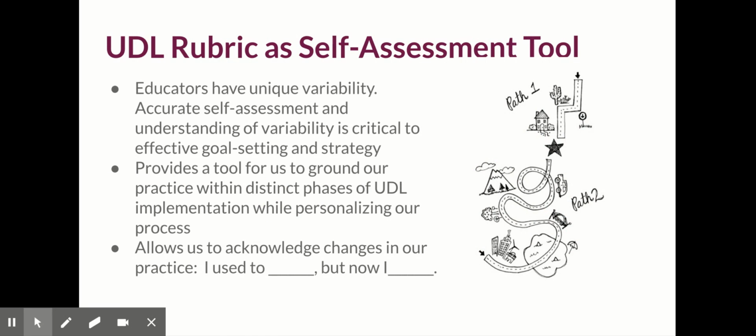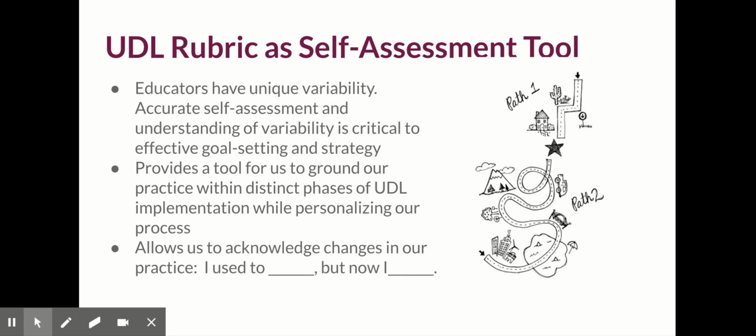When we think of this as a self-assessment tool, this is probably a great place to start. Often I will have groups that I'm working with take their individual pulse to see where they fall in terms of the rubric and in each individual network, because you certainly could be in a different place depending on if it's action and expression, or representation, or engagement.